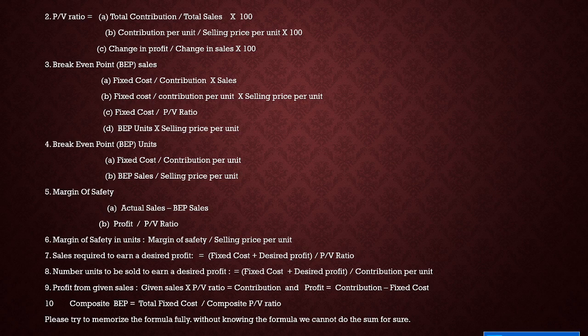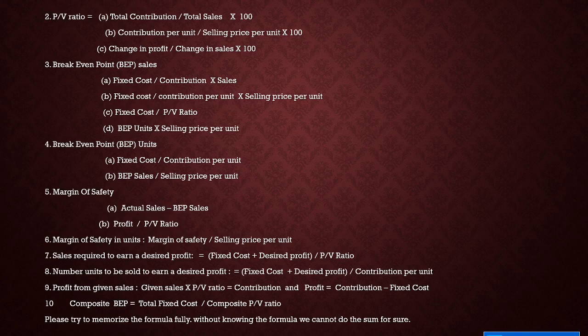The second one, the contribution per unit divided by selling price per unit into 100 will also give you PV ratio. The third formula for finding the same PV ratio is change in profit divided by change in sales into 100. Which means there are three ways where you can find your PV ratio.